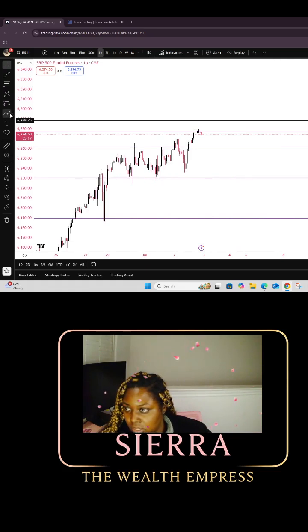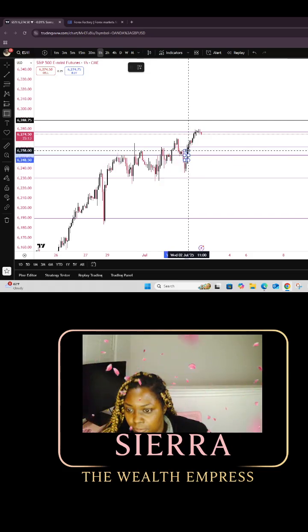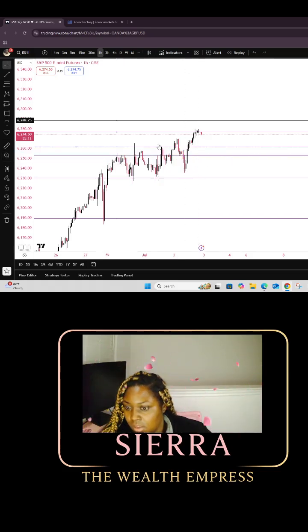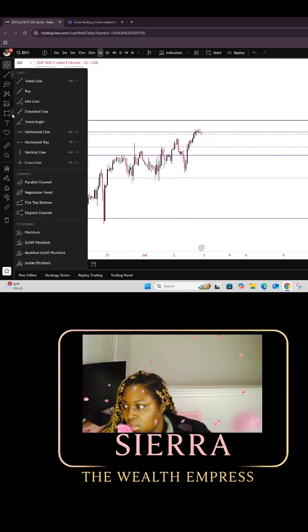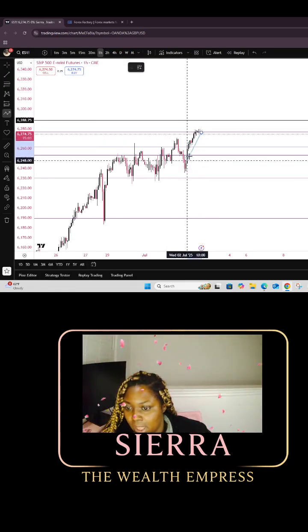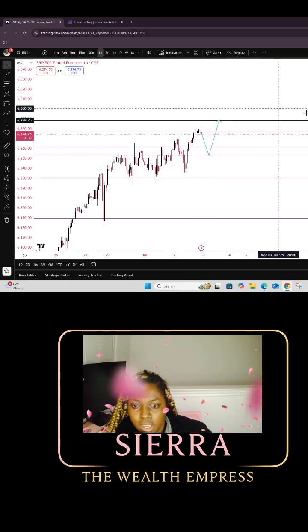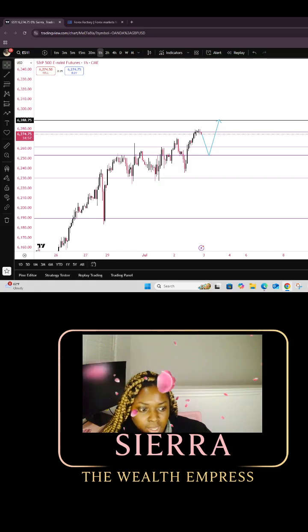I think it'll come to this gap right here. Then take that bad boy up. I'm going to be watching for it at 2 in the morning. Let it give you a pullback, because this was our impulse, correction, continuation. Nas has already hit all-time highs. SPX normally follows Nas.